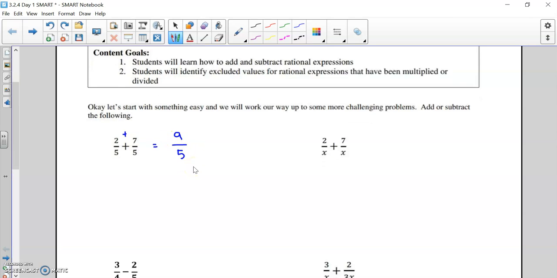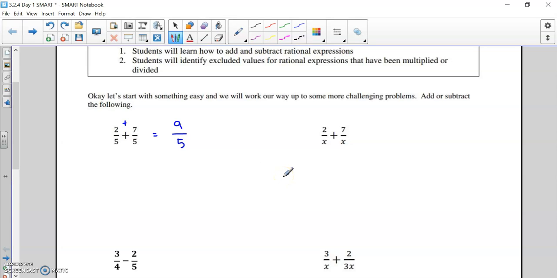Okay, and the reason for that, just for a little brief explanation, you can imagine that you're sharing 8 cookies with your friend, right? If you were to eat 3 out of the 8 cookies, and your friend was to eat 2 out of the 8 cookies, then collectively together, you would have consumed a total of 5 out of the original 8 cookies, right?